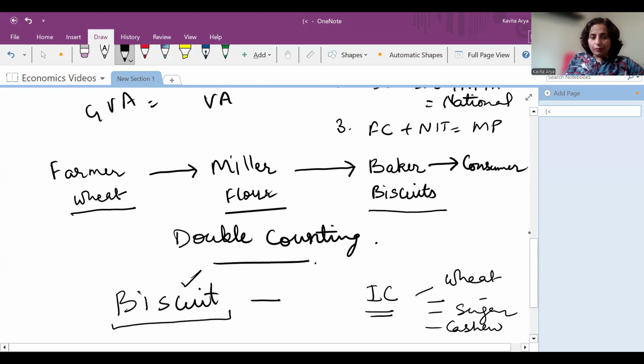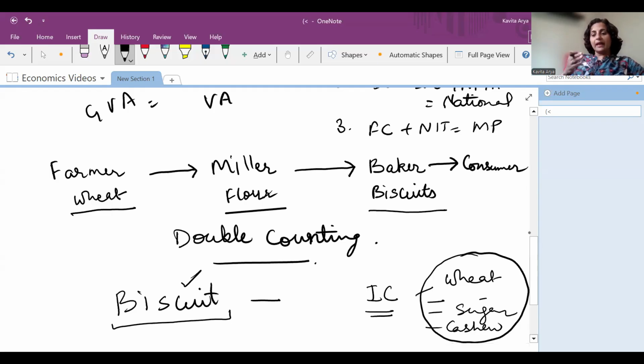So biscuit is the output and the ingredients which are taken from the market to make this happen, that becomes your IC. So what every person, every business unit has added for the formation of biscuit becomes the value addition at different levels.